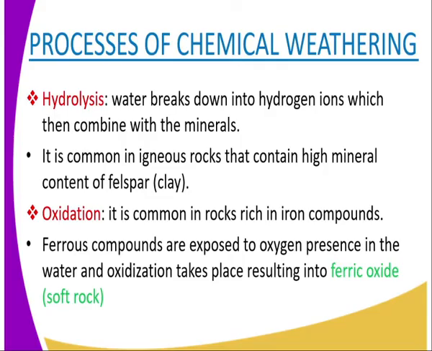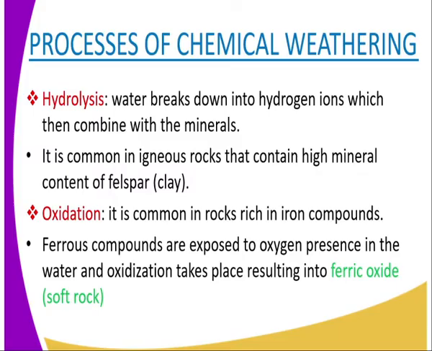Then the next one is oxidation. Now, when we said that there must be the presence of gases, this is where the gases will come in. Oxidation is the combination or addition of oxygen in a mineral. And in chemical weathering, it is common in rocks that are rich in iron elements or iron compounds.